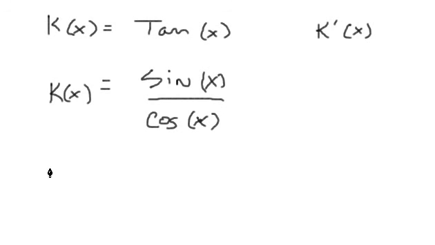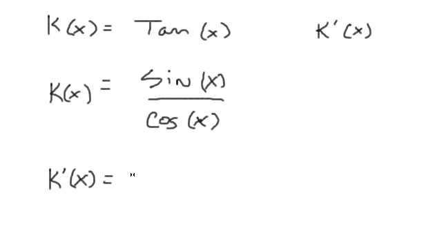So now we can take the derivative, since we've now memorized what the derivative of sine x is and cosine x. Okay, in the previous section we went over the quotient rule, and so once again we're going to have to use the quotient rule here. So we're going to take the derivative of the numerator, and the derivative of sine is definitely not that.